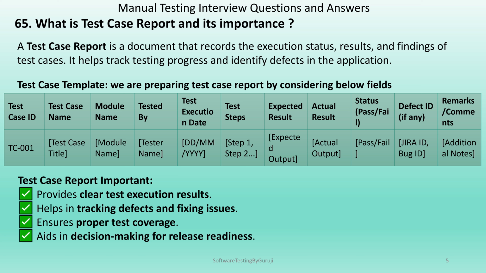As compared with the expected and actual, accordingly we mention the status pass or fail. Defect ID, if we find any mismatch between expected result and actual result, then we mention the defect ID here. Remarks and comments, additional notes. So this is the template for the test case.